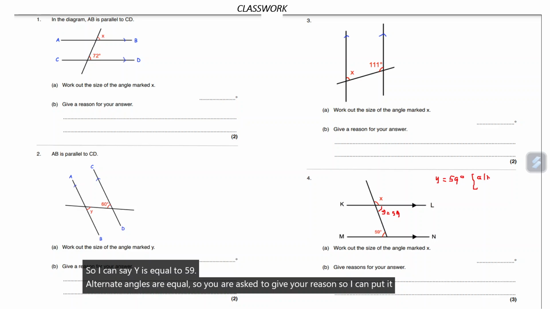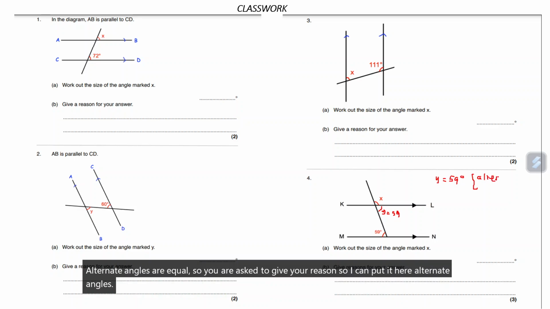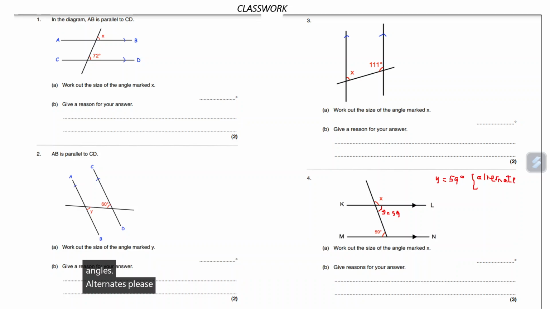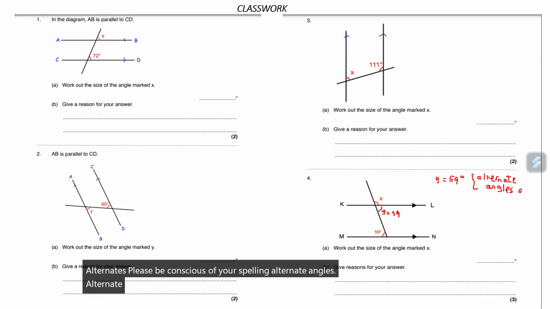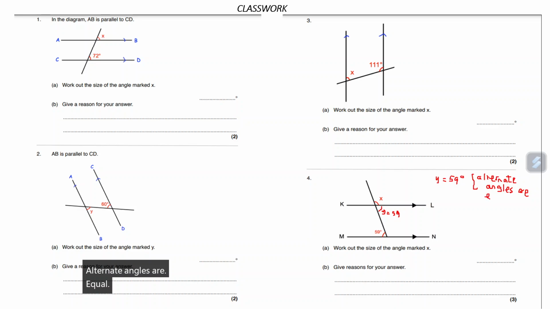Alternate angles. Please be conscious of your spelling. Alternate angles are equal, or the same.